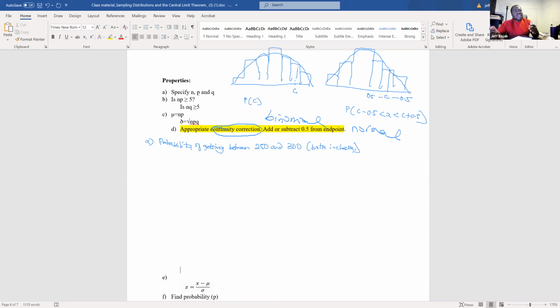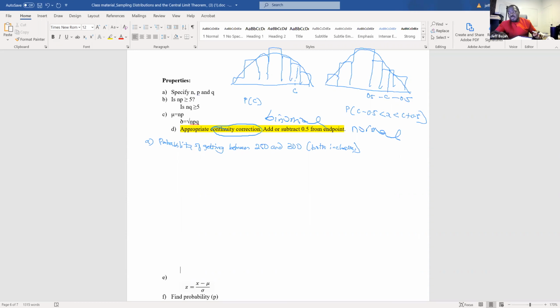So if we're going to solve that in normal distribution, since 250 and 300 are inclusive, the best way to get a result that is almost correct will be to subtract 0.5 on the left side and add 0.5 on the right side. That way we correct any errors that might happen.